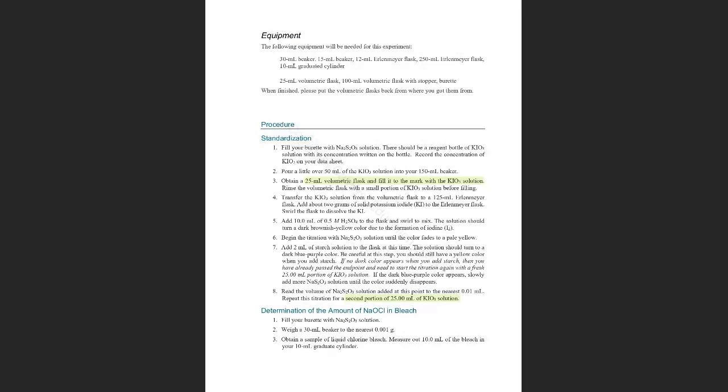And then comes the procedure. We did the standardization, and we saw we use these 25 ml of sample. And then comes the determination of the amount of hypochlorite in the bleach. So when you read all this it is very important, because otherwise you won't know how to do the calculations.